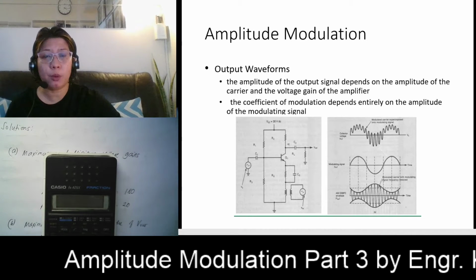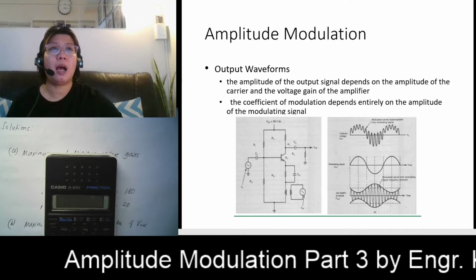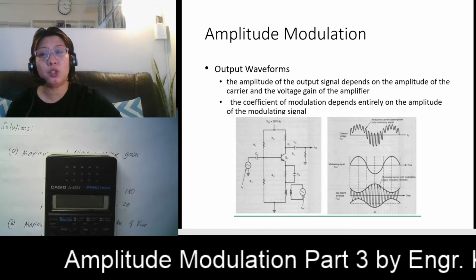Just the carrier frequency, the upper sideband frequency, and the lower sideband frequency. Remember, we cannot see your modulating signal at the output side, just the sidebands and the carrier. So how do we remove the modulating signal? It is the function of your C2 here.